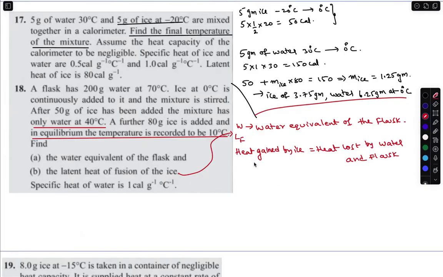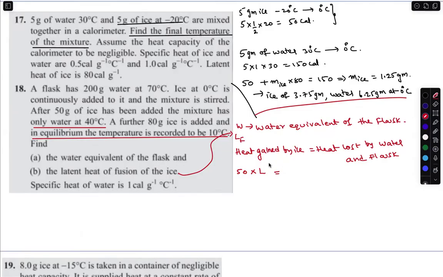Heat gained by ice is 50 into L. Heat lost by water and flask.